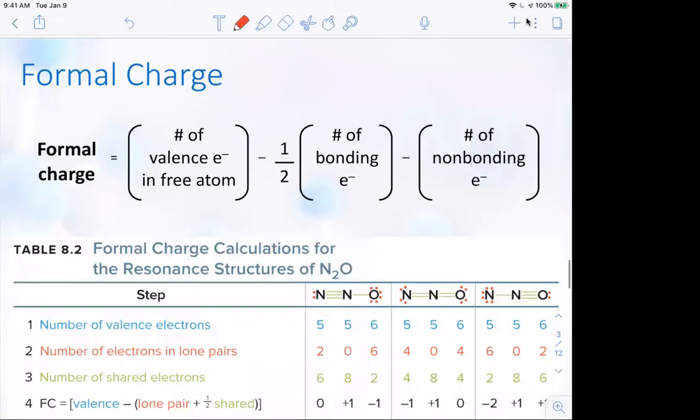So here's a formula. To determine the formal charge, I'm going to look at the number of valence electrons in the free atom. This is off the periodic table. And then I'm going to take half of the number of bonding electrons in the Lewis structure on this side, minus the number of non-bonding electrons, which are the lone pairs.